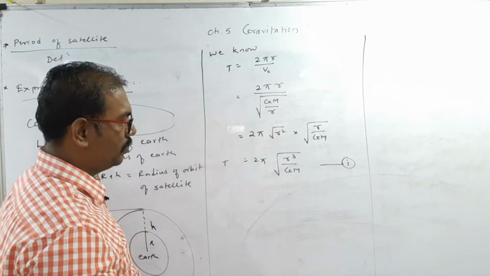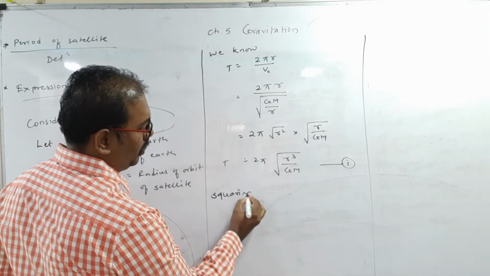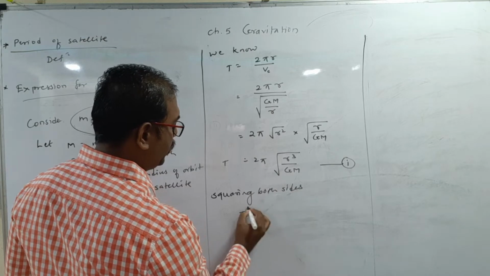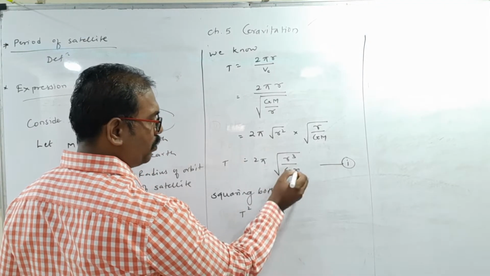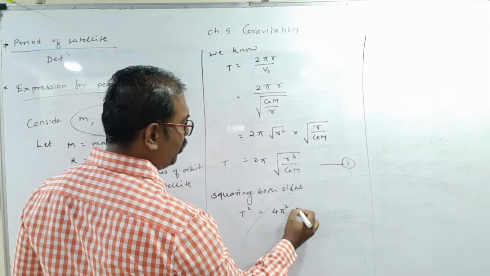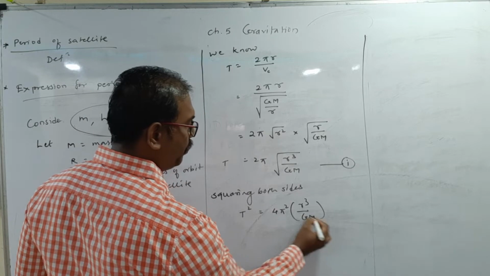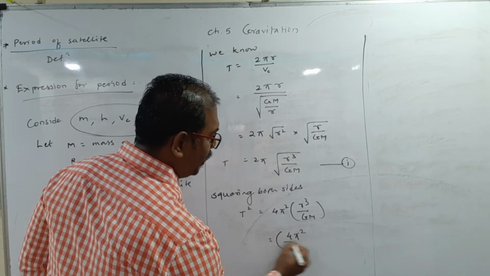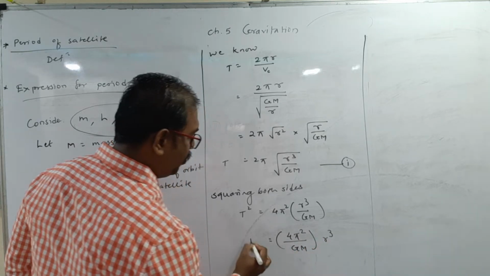Now let me modify this equation. I can write small r as R plus h. Squaring both sides, we get T square is equal to 4 pi square, since 2 square is 4, and the square and square root cancel, so r cube by GM. Now I can rearrange the terms and write 4 pi square divided by GM in a bracket, multiplied by r cube.